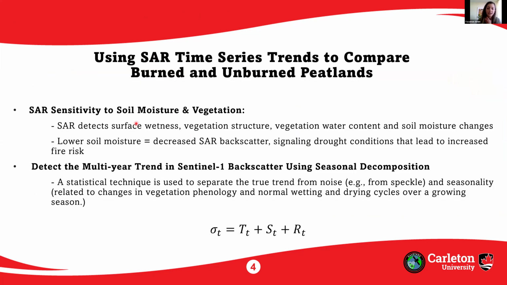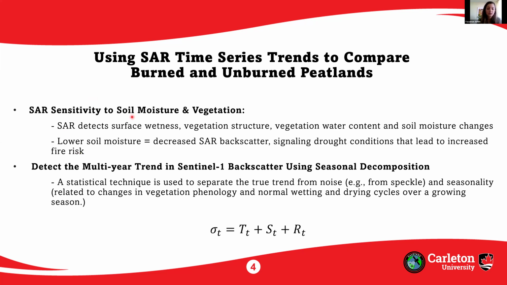To understand how peatlands dry out before burning, we use time series analysis of Sentinel-1 backscatter, and we compared peatlands that have burned to those that didn't, looking for patterns in moisture loss. SAR backscatter is really useful because it's so sensitive to surface wetness, vegetation structure, and water content.